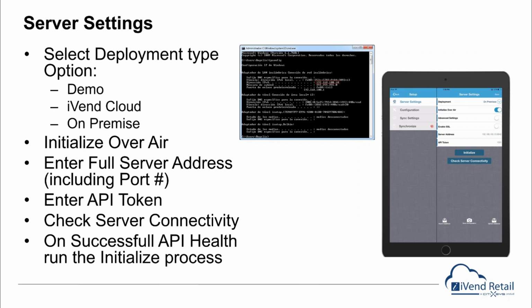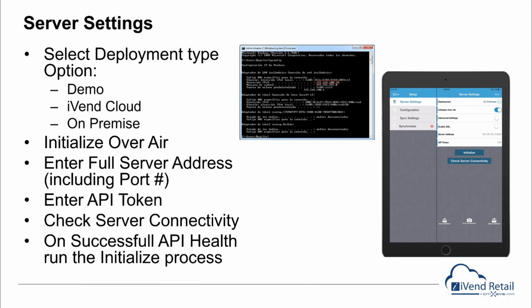If you have connectivity to your store server, I recommend initialize over the air. It's a very simple, very quick process that you do on your mobile device. Then, of course, before you initialize, you have to make sure that you enter the full server address, including the port number that you're going to be connecting to.